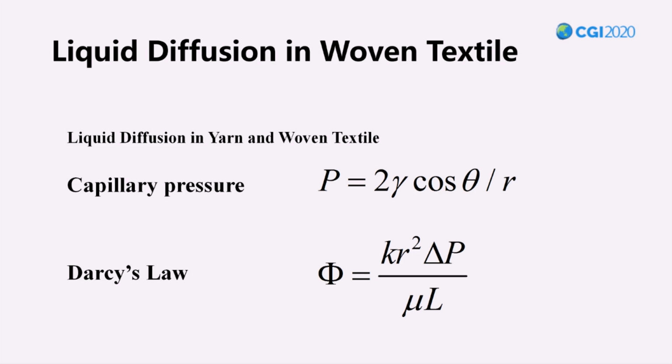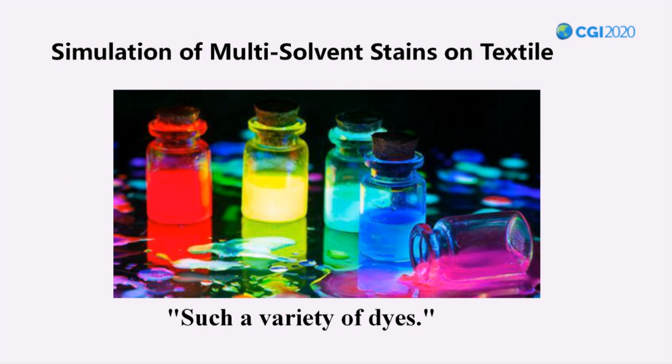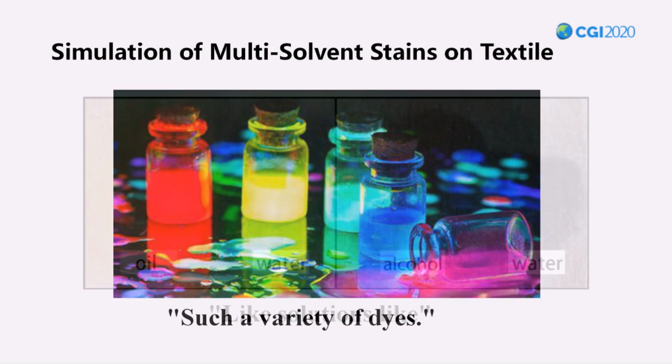Combining the above formula and the three-layer model, we can simulate the effect of fluid infiltration and diffusion in the fabric. In our lives, there are a lot of substances that can dye and pollute fabrics. How to simulate the diversity of dyeing substances is the goal of our research.